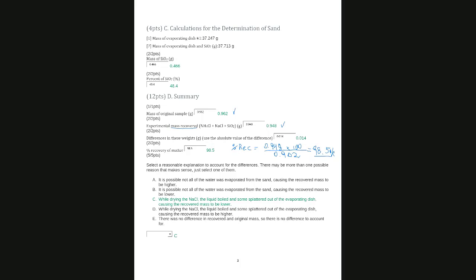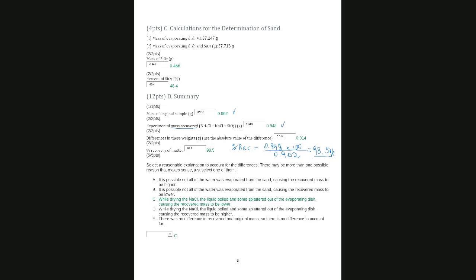So in A, it says it is possible that not all water was evaporated from the sand. Is that our situation? No, because it says causing the recovered mass to be higher, and in our case we have lower than 100%.